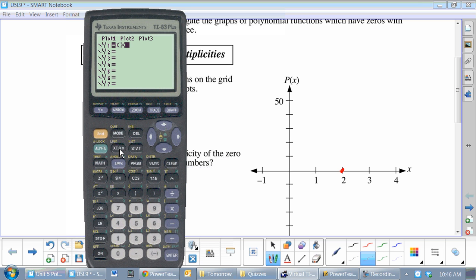X minus 2, and we're going to cube it. Okay. Now in y2, let's make that the thicker one, or else we'll have no idea which is which when this thing graphs. And we'll go x minus 2, and we'll go to the 7th.